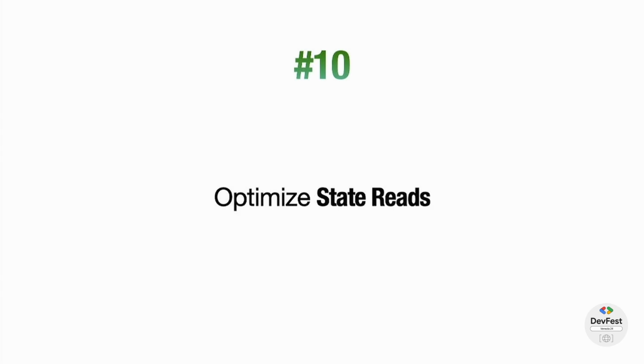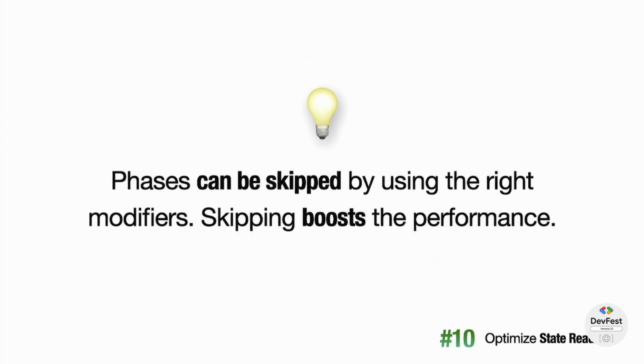And the last tip is optimize state reads, which is related to understanding the compose phases. Phases can be skipped. So I told you that Compose has three phases. First, composition creates the tree. Second, layout, the measurement and also position of every composable.